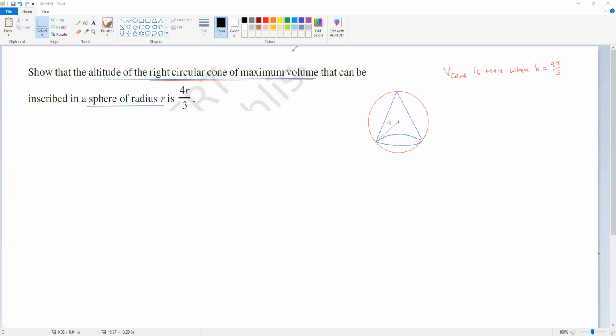So let r be the radius of the sphere. So height of the cone, here is the height of the cone, you can see. This is the height of the cone.